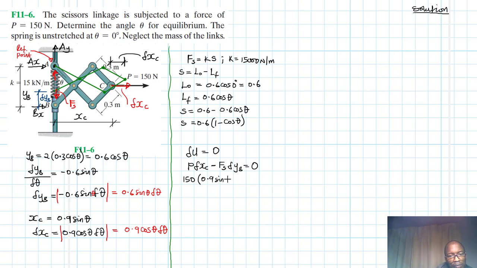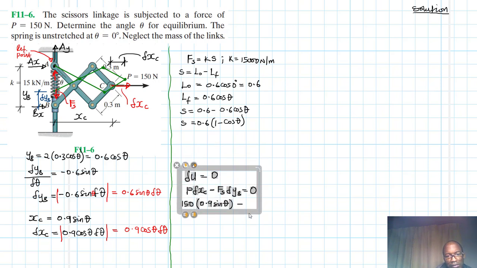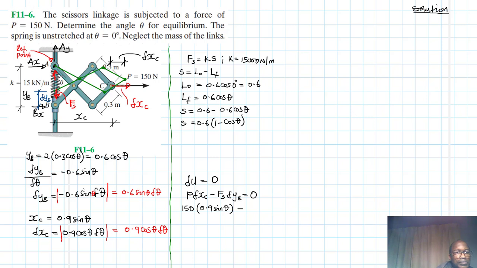0.9 sine theta, then minus Fs. We just found Fs, what was our Fs? We didn't finalize. Let me write the Fs. So our Fs here is just equal to 15,000 times S, and our S is equal to 0.61 minus cos theta.